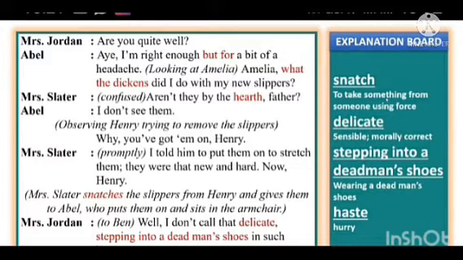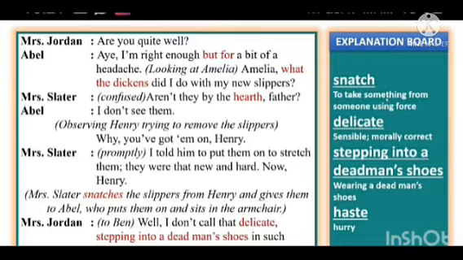Then Mrs. Jordan, she says to Ben, "Well, I don't call that delicate, stepping into the dead man's shoes in such haste." Here the meaning of haste is hurry. Delicate means normally of fine character, like that.